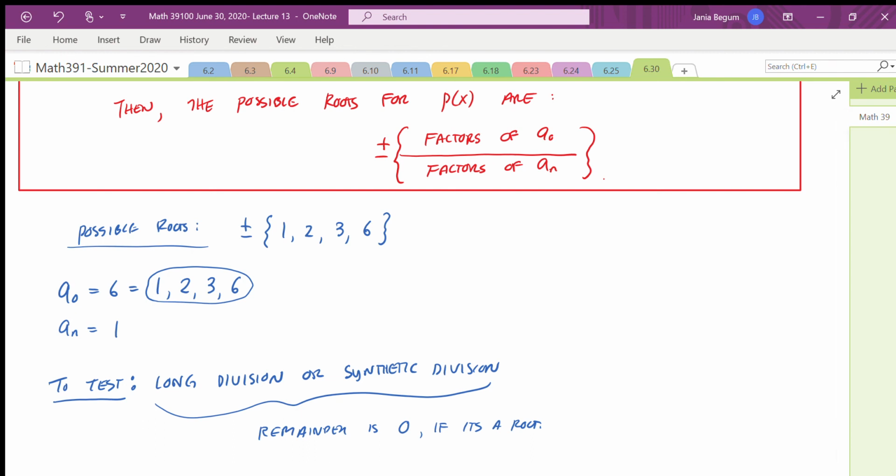And for a_n we have 1, there is no other factor of 1, it's just 1. So if you do long division or synthetic division and the remainder is 0, that means it's a root.